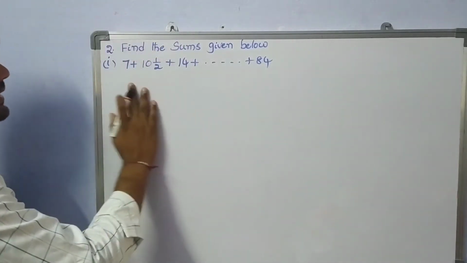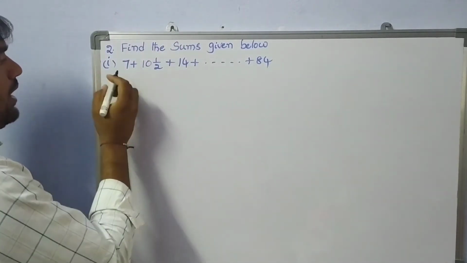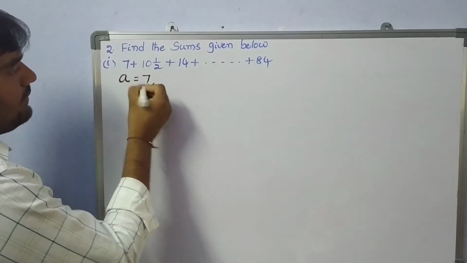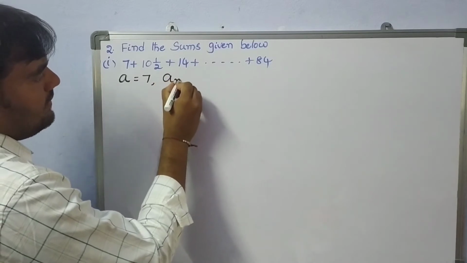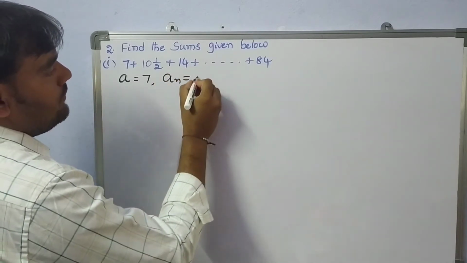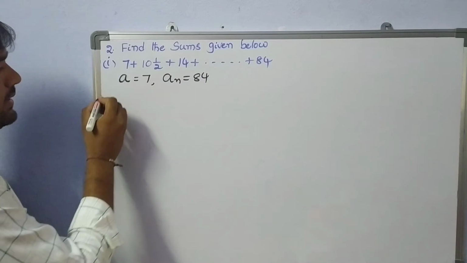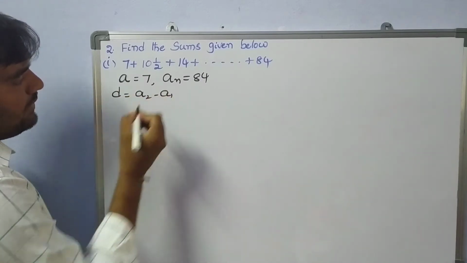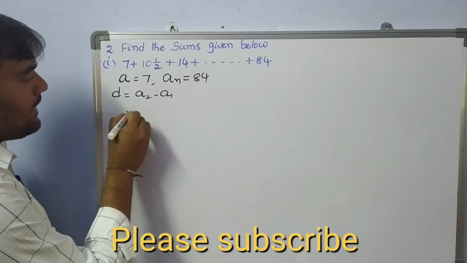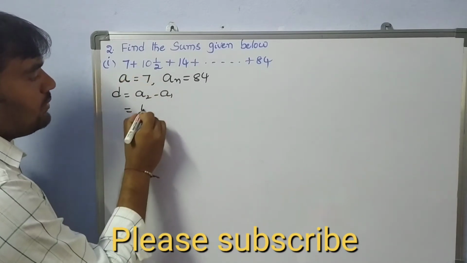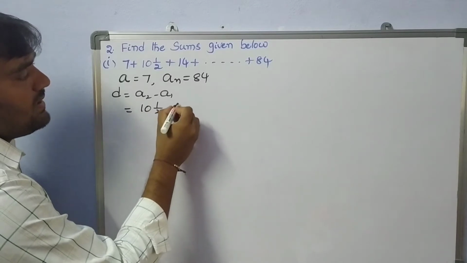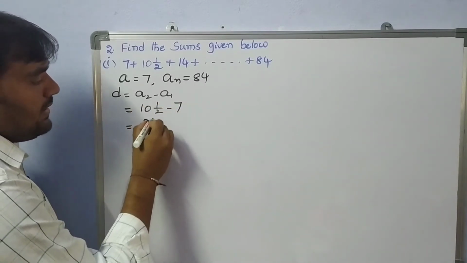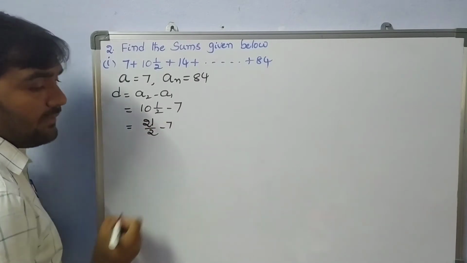So first of all, whatever we know, we have to write those things. a is equal to 7. Next, an is equal to 84. After that, common difference d is equal to a2 minus a1. a2 is nothing but 10 1/2. 10 1/2 minus 7. 10 1/2 means 21 by 2, minus 7.